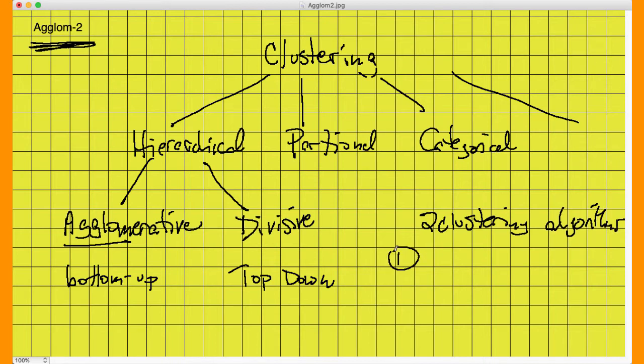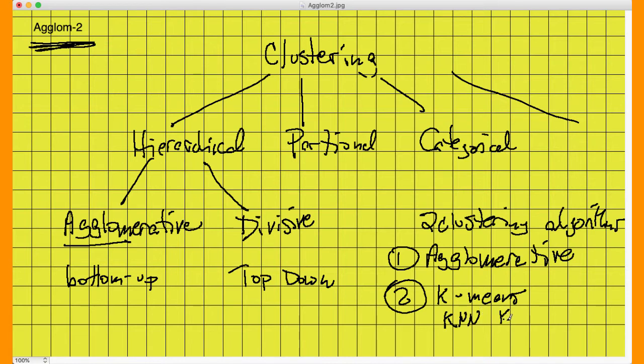One of the ones we're going to be doing is in fact called agglomerative. And then the other one we're going to be doing is sometimes referred to as k-means. Sometimes it's called KNN, which means K nearest neighbor.